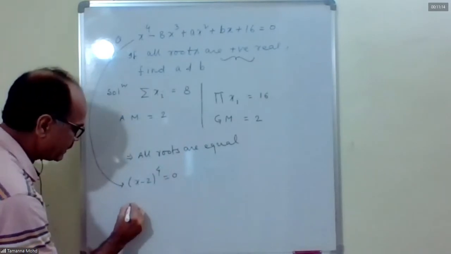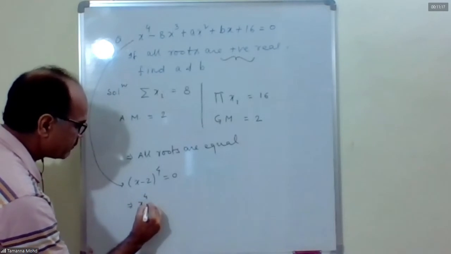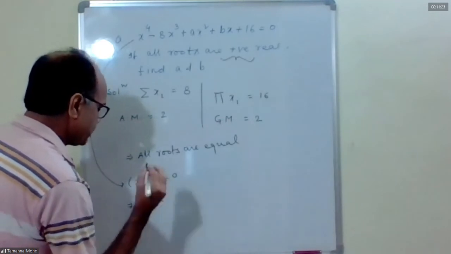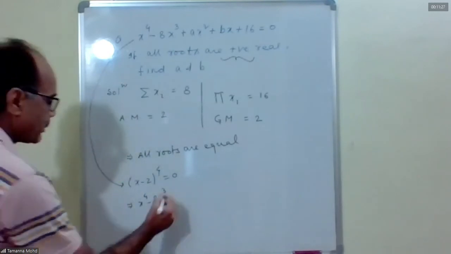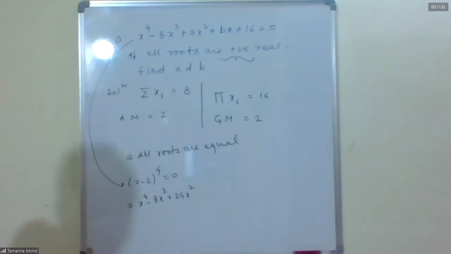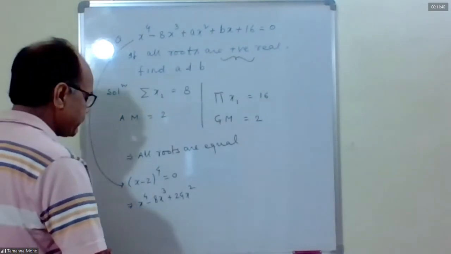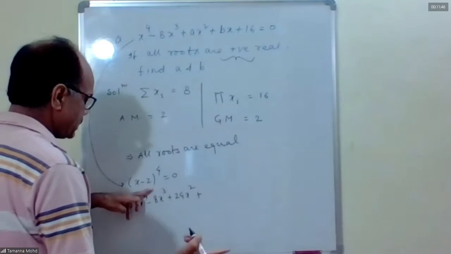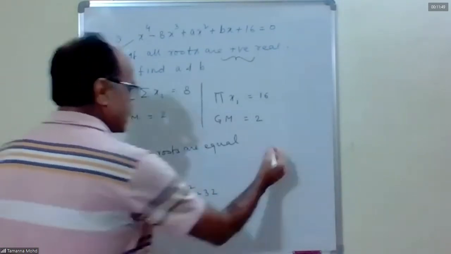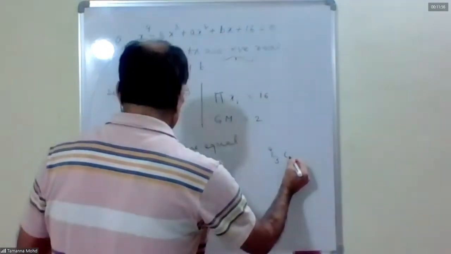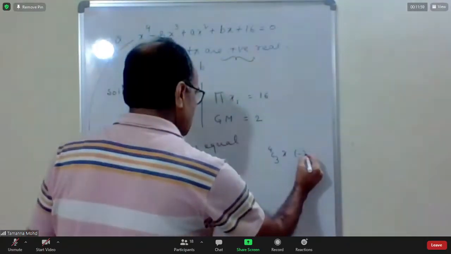I am just expanding it binomially: x to the power 4 minus 4C1 8x cube plus 4C2 24x square minus 4C3 32x plus 16, that is (x minus 2) whole to the power 4.